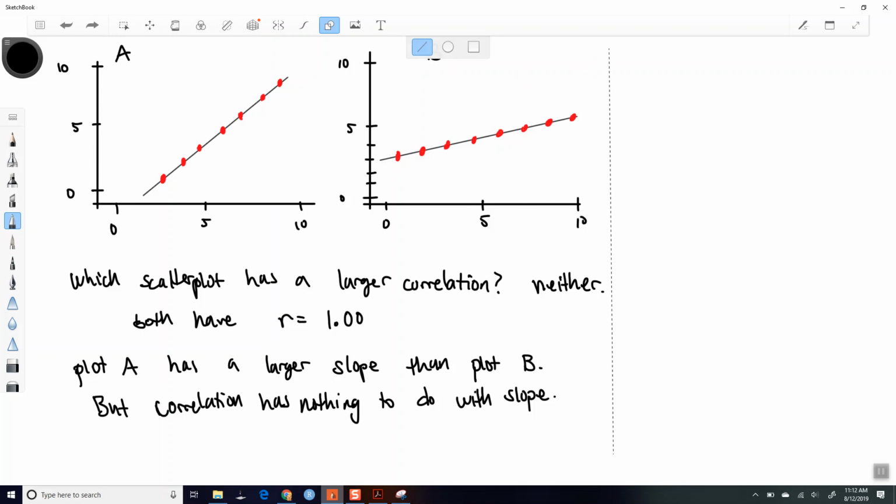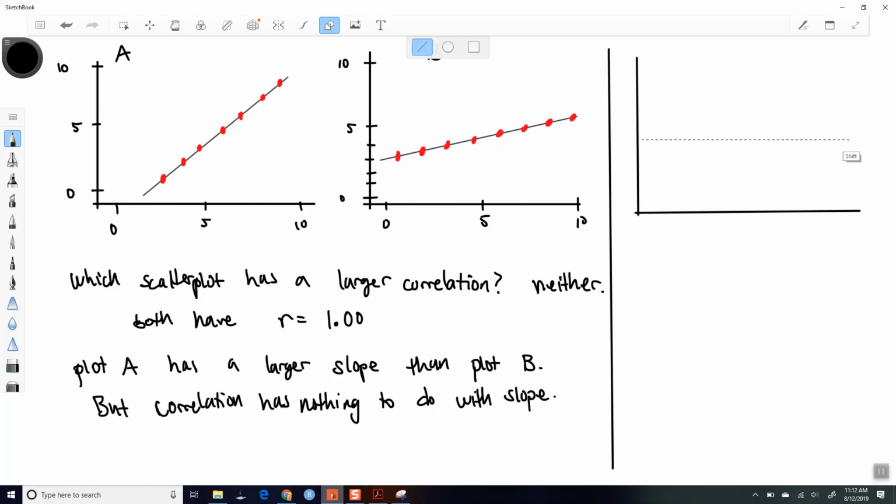Let me draw one more. What if I throw in this? Okay, so this is a flat line. So in this plot, what is the correlation?